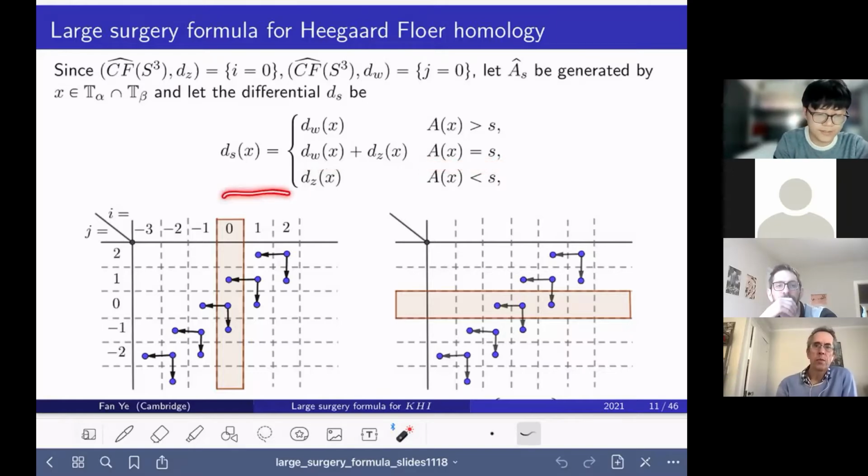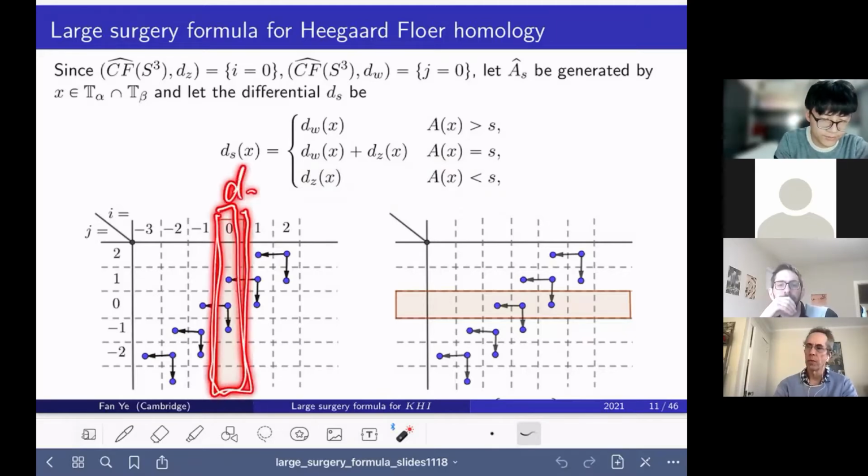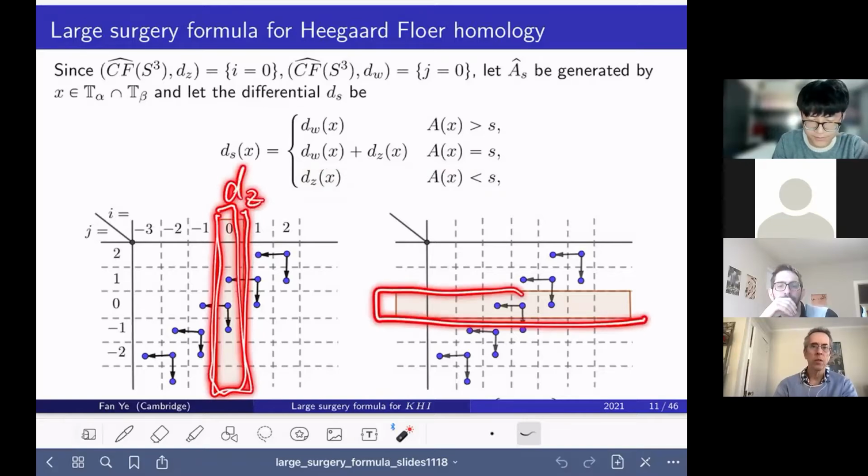So this is another definition of the band complex, and this is the subcomplex associated to d_z, and this is the subcomplex associated to d_w.